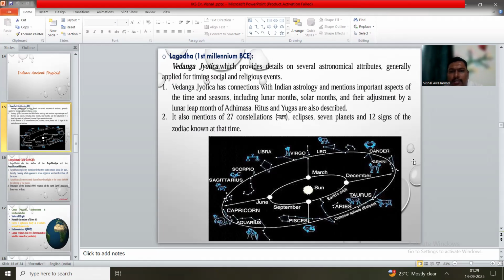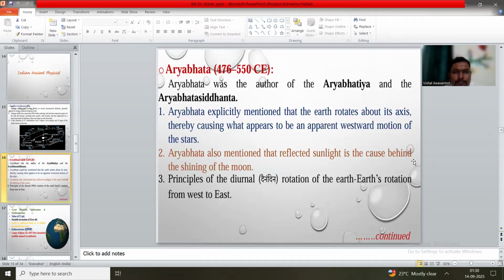Ritus and yugas are also described. It also mentions 27 constellations, eclipses, 7 planets, and 12 signs of the zodiac known at that time. We can see this image here.